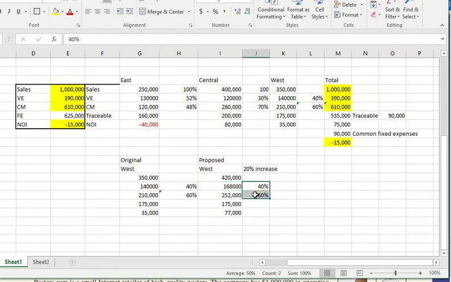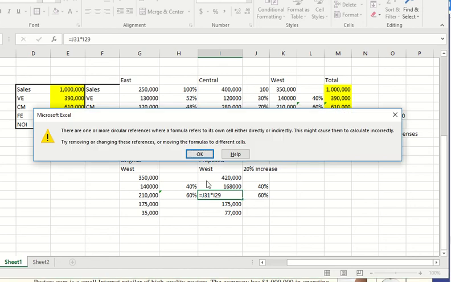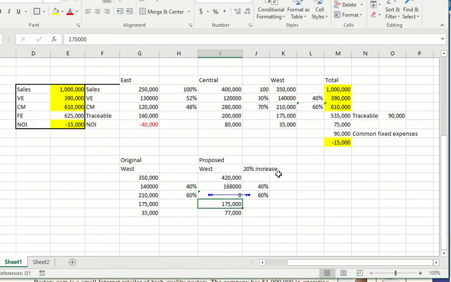They didn't say anything about what's going to happen to our variable or our fixed expenses. So you should assume that they're going to keep the same contribution margin ratio and same variable expense ratio. So we do need to double check this one times that one. Yep, that did work out fine. Times that one. Oh, circular referencing, that's never good.